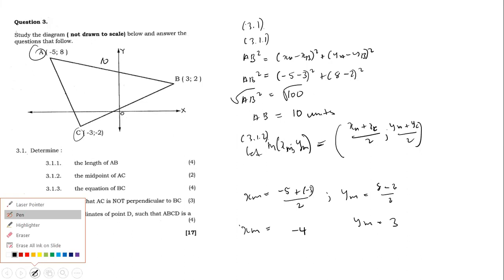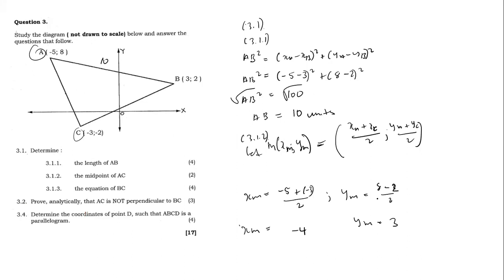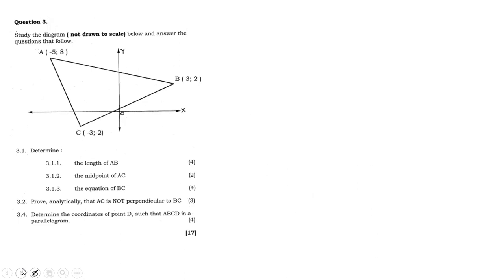It's 2, it's fine. I do not see my writing. So we're going to say 8 minus 2, it's 6, and then 6 divided by 2 is going to be 3. Therefore, the coordinates of the midpoint will be (-4; 3). That was clear.